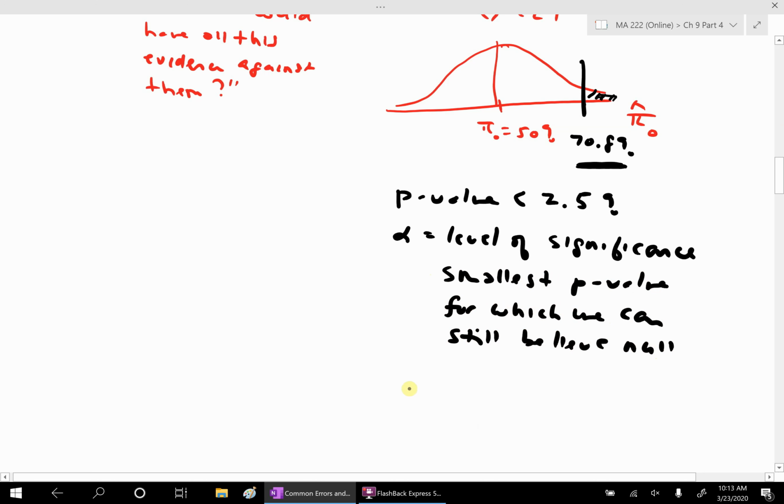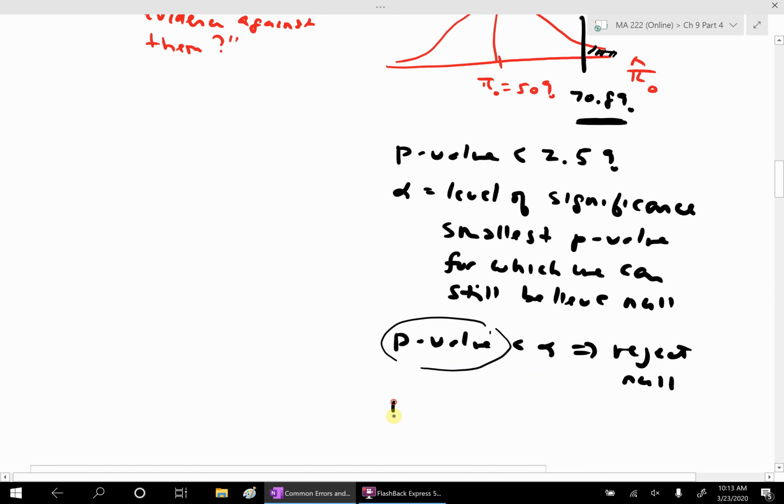So in other words, when the p-value is less than alpha, we're going to reject the null. In the same way that when the likelihood the person can be innocent, given all the evidence, is less than some threshold, the jury flips. They say, we don't believe the null anymore. We don't believe they're not guilty.